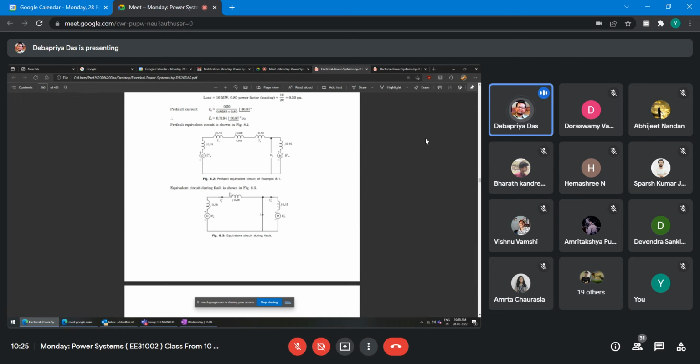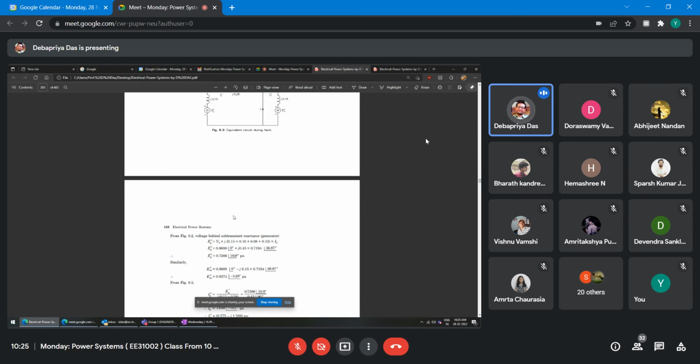Current will go from the generator directly to the fault, and from the motor current will directly go to the fault. That means fault current will be IM double dash plus IG double dash. From that you can easily make out what IG double dash will be, because it is a pure short circuit, so no question of existence of V0; it will be 0.